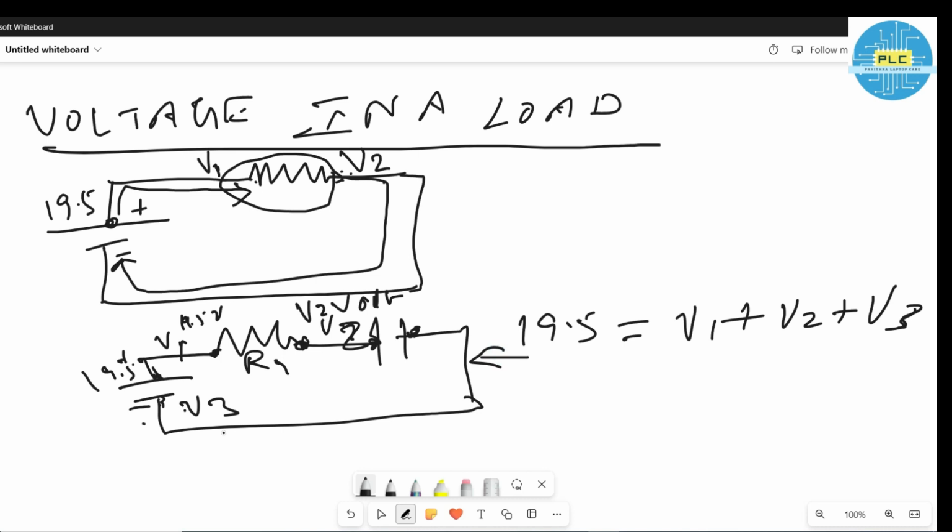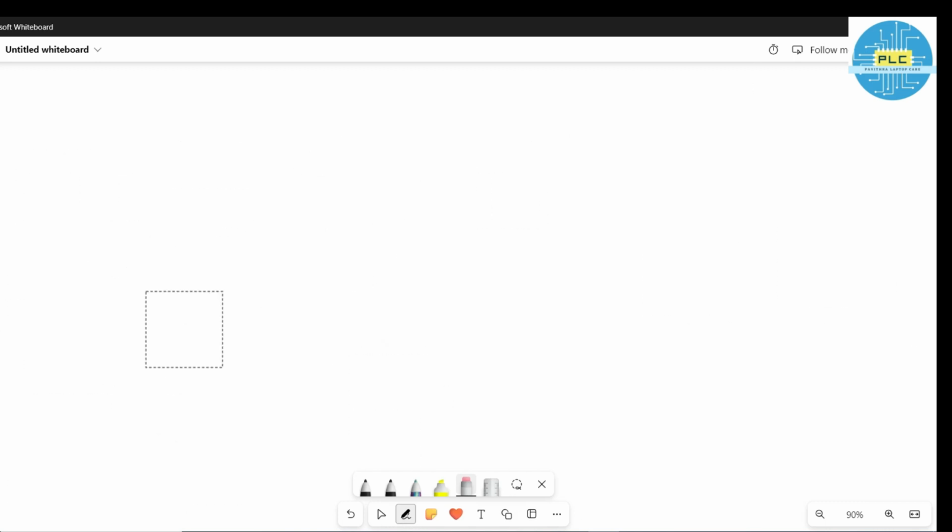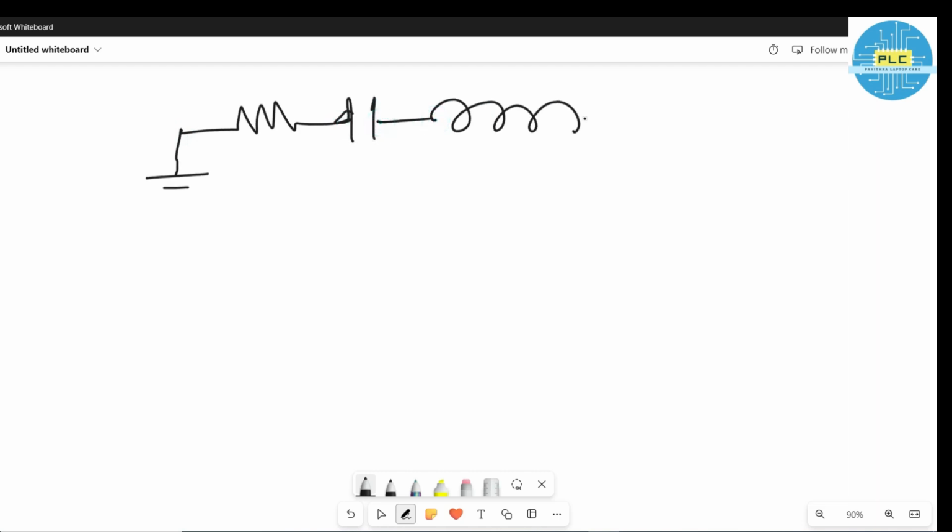Okay, one more example. You easily understood this one, I think. Now I will erase this. One more example I will take. See, if it is a circuit with positive, negative, here a resistor, capacitor and coil.